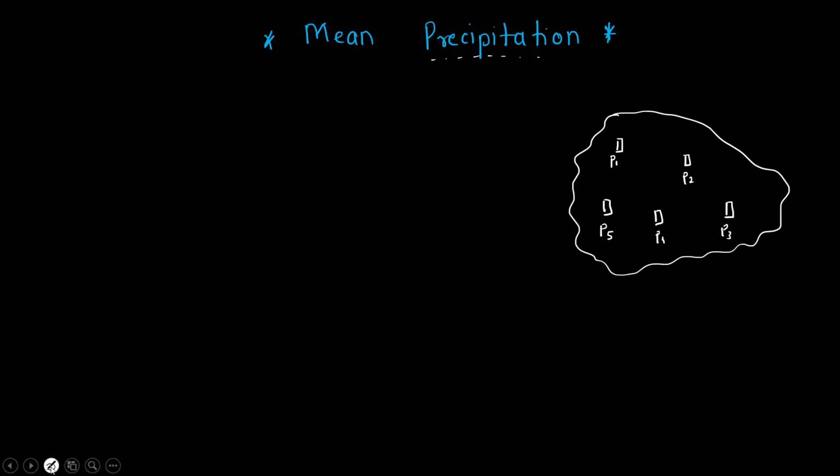If I ask you what is the precipitation in the total area, P1 is giving us the value at this point. The rainfall which is occurring at this point is given by P1. Similarly, P2 is giving the rainfall value in this region, and the remaining ones also in their specific areas.